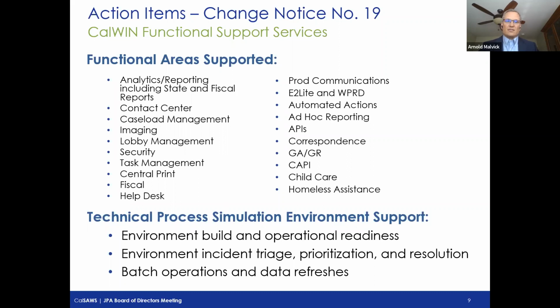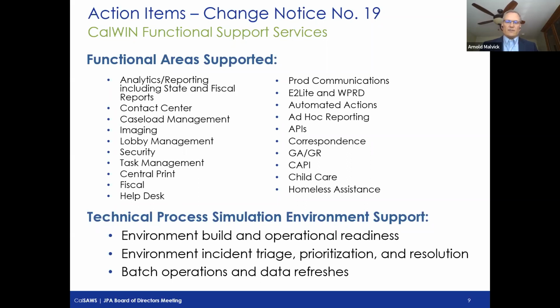So if you look at it, it's really providing that support to the consortium as well as to the ISS team from a functional perspective from the CalSAWS support team. It also includes the technical process simulation support.